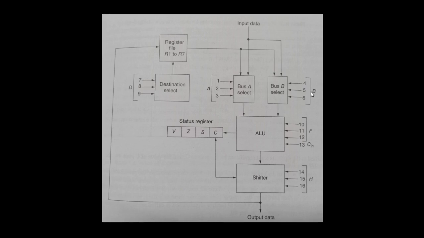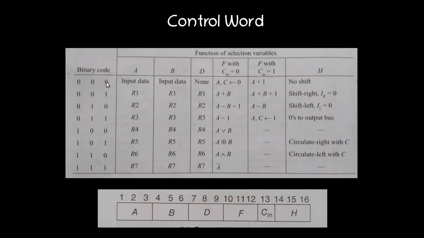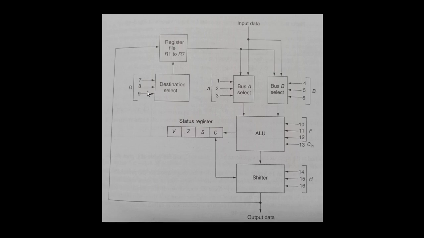That is given in this table. If 0 0 0, input data; 0 0 1, R1; 0 1 0, R2, like that. In the case of B also, the bit coding is 0 0 0, input data; 0 0 1, R1; 0 1 0, R2. Then D corresponds to our destination select. This is a decoder, where we have to write our result back, into which register.